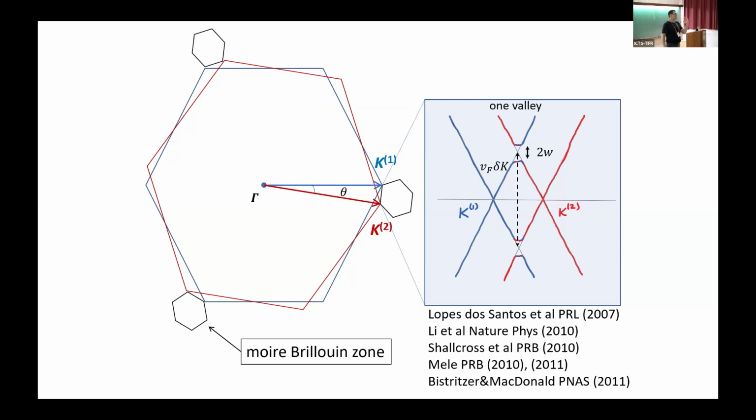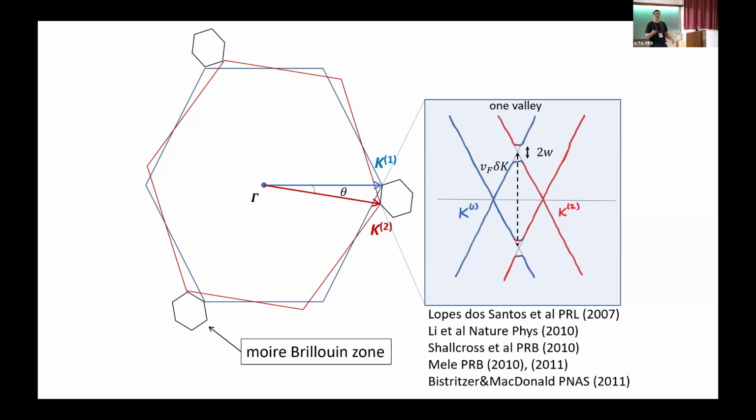Now, whether this happens or not is not obvious. One has to do a calculation, but that's the intuition for this. Of course, you can also do it the other way around. You can hold the interlayer tunneling fixed. That's set by chemistry and ambient pressure, and then tune the twist angle.